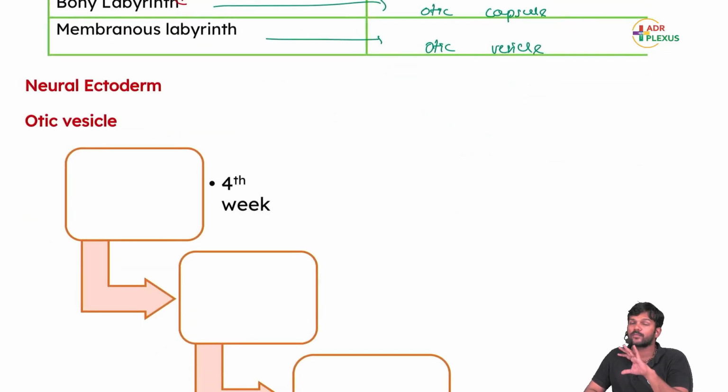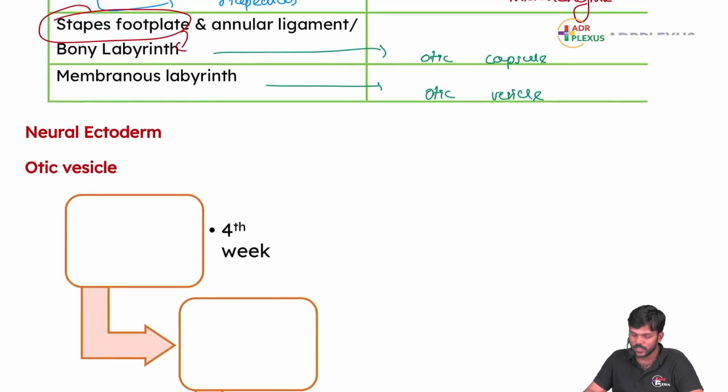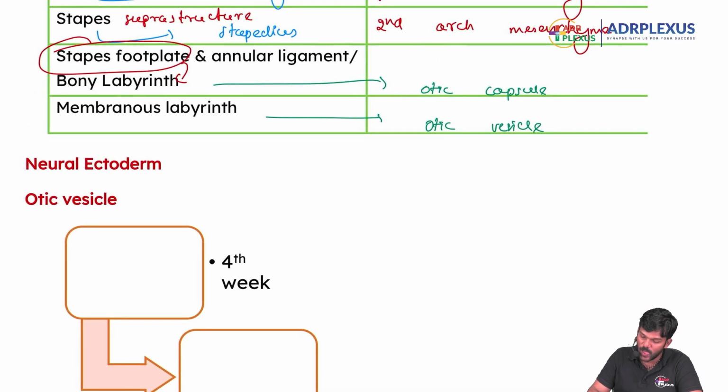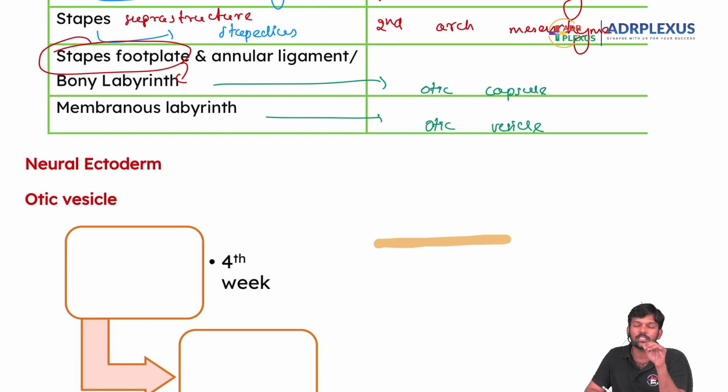So we have seen which are the structures in the ear. Now we can enter into proper embryological pattern of this otic capsule and otic vesicle. So first we'll start with otic vesicle. See here, I will have a linear cells that are arranged during embryology of 4th week.